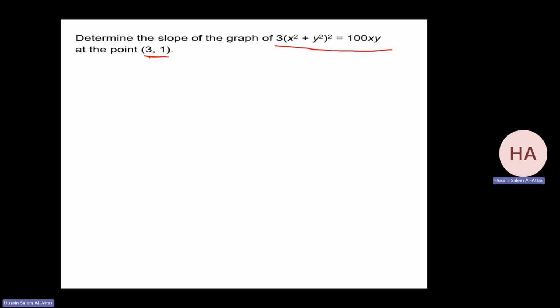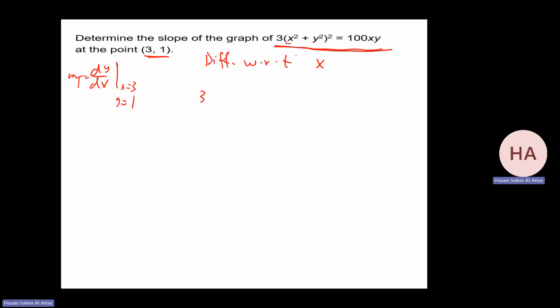So what I will do is differentiate with respect to x. Slope means I need to find dy over dx at x equals 3, y equals 1. Let us do the derivative now.